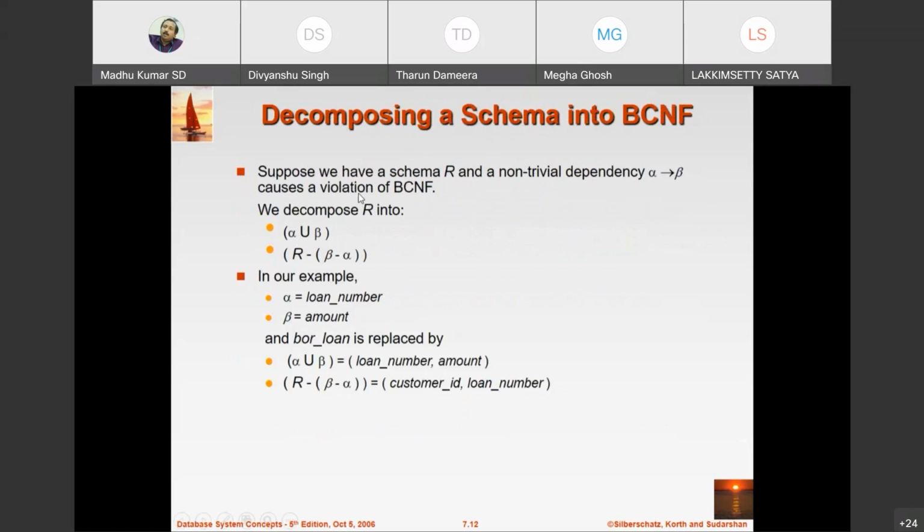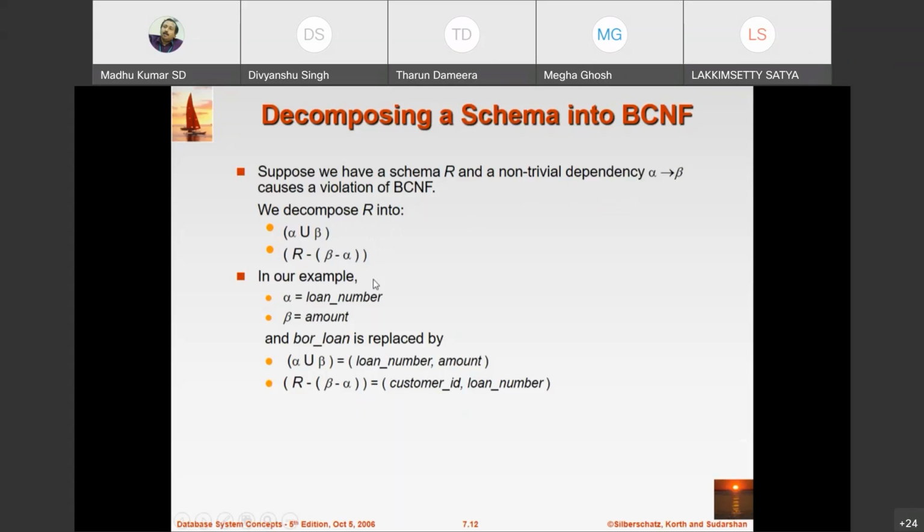Then we have to split the table into two, with alpha and beta attributes coming as one table, and all attributes in R other than beta coming as another relation. This is the thumb rule that we are going to apply.